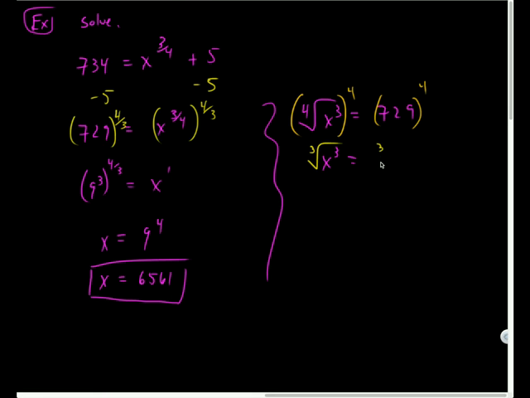You could have undone it one step at a time to eventually get x by itself as well. And in terms of these fractional exponents, not only could I have written it as the 4th root of x cubed, I could have thought of it as the 4th root of x, all cubed. Then I could have cube rooted both sides and raised both sides to the 4th power to get my solution as well. That would work too.